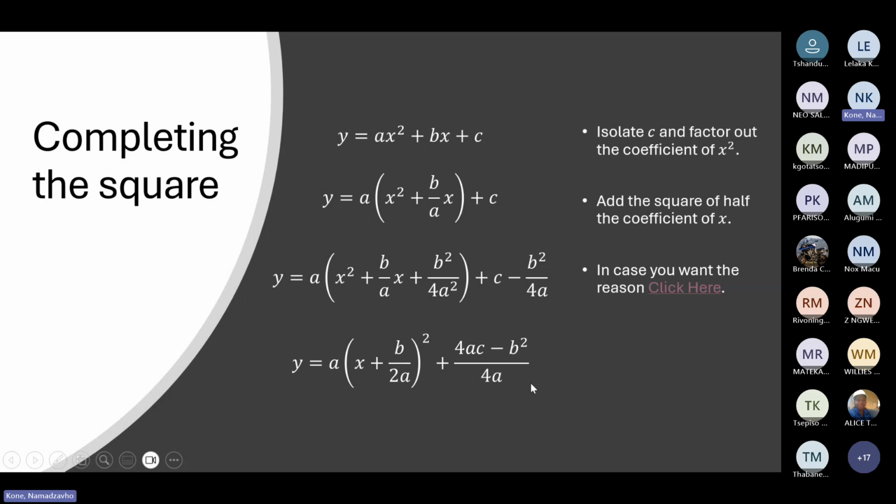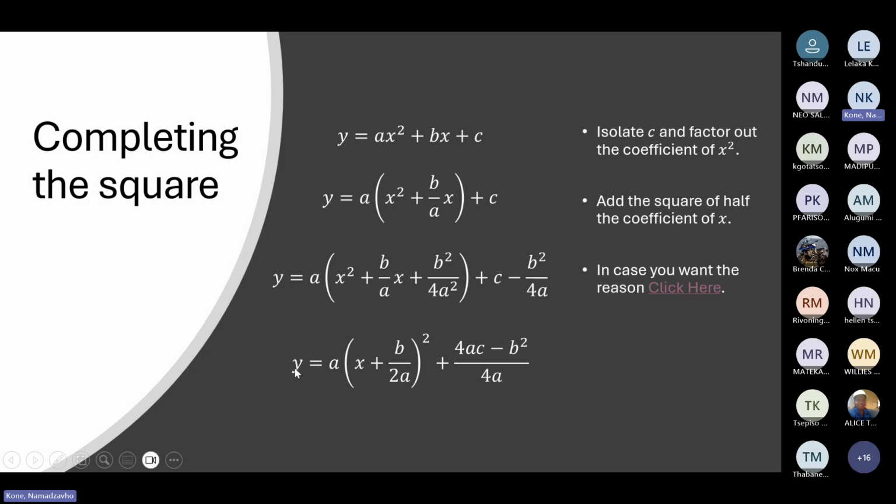And also, for those that remember the quadratic formula: it is a formula that helps you to solve for x if you cannot factorize. So when you came to this stage, you just put y equals 0 and solve for x.